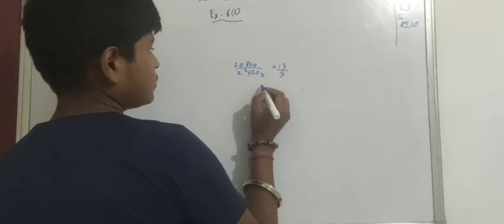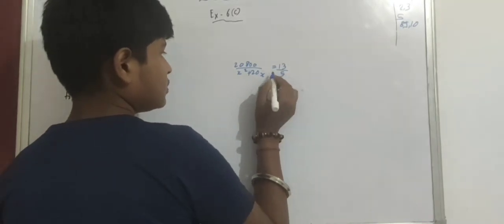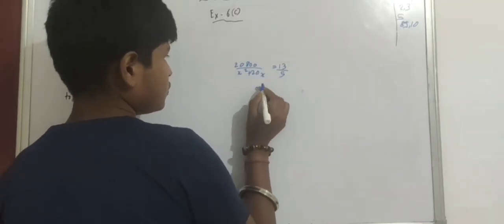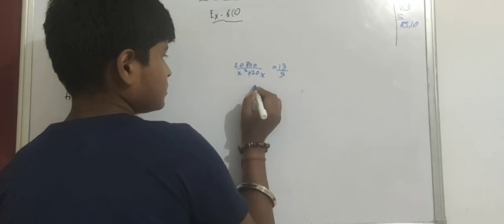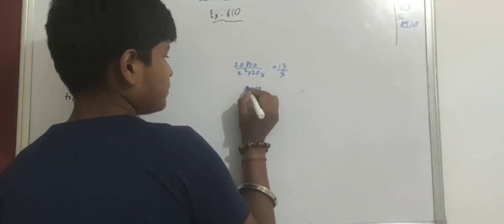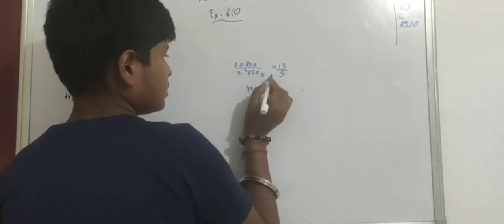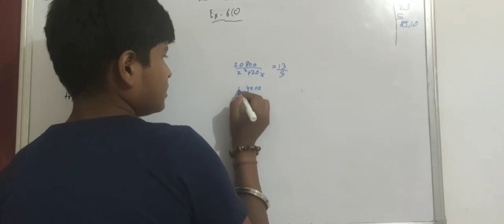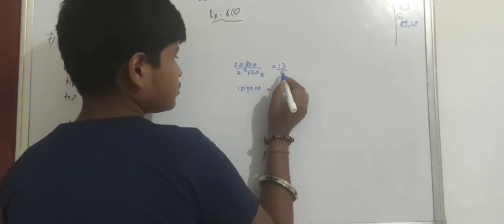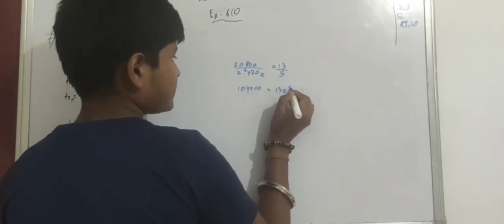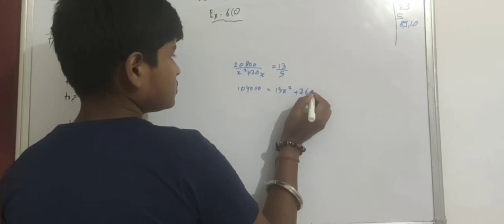Do cross multiplication, you get 5 into 20800, that is 104000, is equal to 13x square plus 260x.